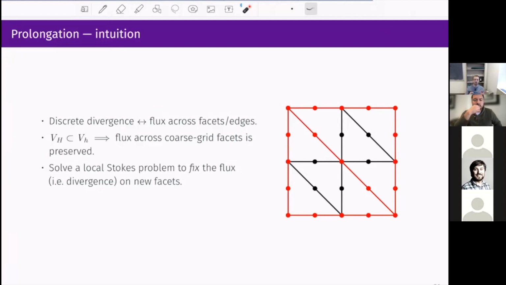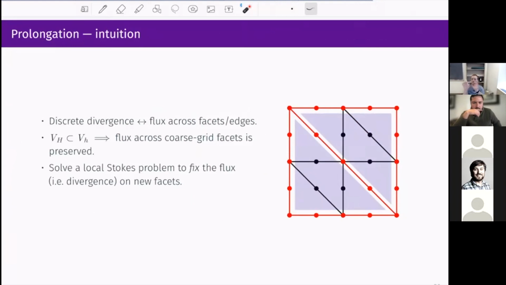Ideally what you want to do is solve a sort of projection problem of what's the closest function to the prolongation that is divergence free, right? But that's a global projection problem, that's expensive. So what we do is we find these small problems that we solve where you can locally just manipulate the function to become divergence free, right?